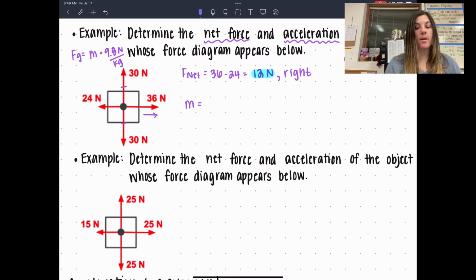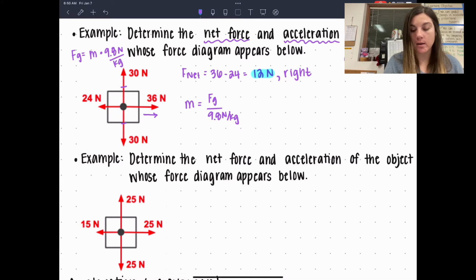So it follows then that mass can also be calculated from that equation. All I have to do is take my force of gravity and divide by 9.8 newtons per kilogram. So we can calculate the mass of any object given its force of gravity or its weight. All we have to do is take its weight in newtons and divide by 9.8. And that will get us our mass in kilograms.